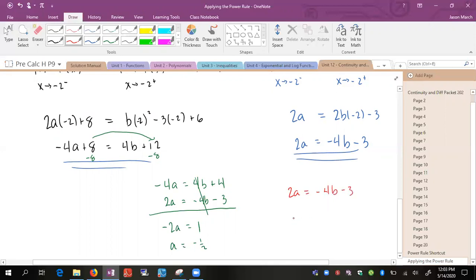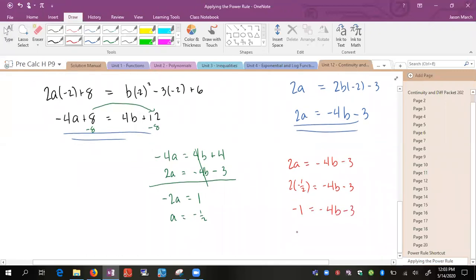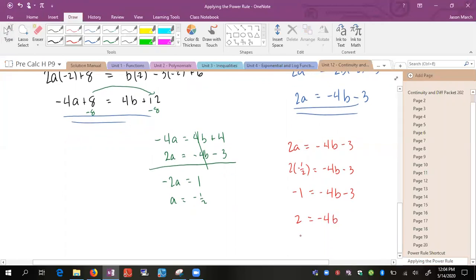If I plug in -1/2 there, we have 2 times -1/2 equals -4b minus 3. So we have -1 equals -4b minus 3. And if we add the 3 over, we get 2 equals -4b. And coincidentally, not always going to happen this way, but coincidentally, b is also -1/2.